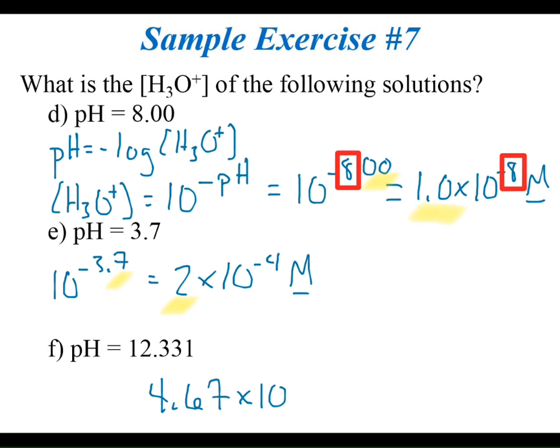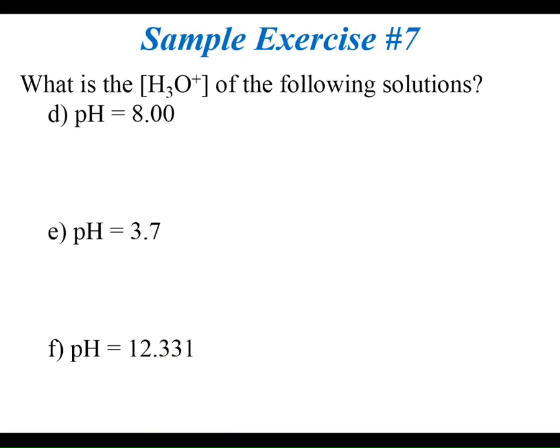And that 12 point tells me it has to be negative 13. Because again, it would be just a little bit bigger. And then molar. Again, 3 sig figs here, so 3 decimals, or 3 sig figs there. 4.67 times 10 negative 13. Pardon me, okay.